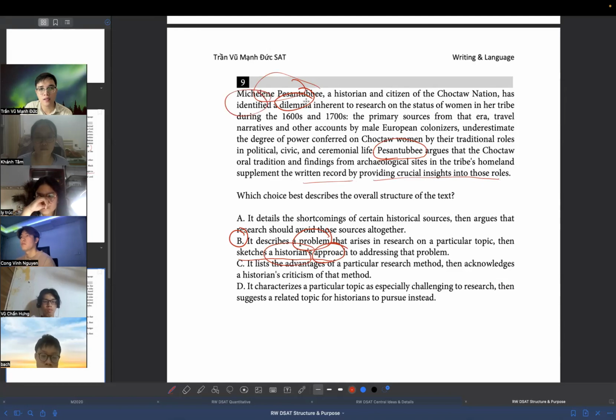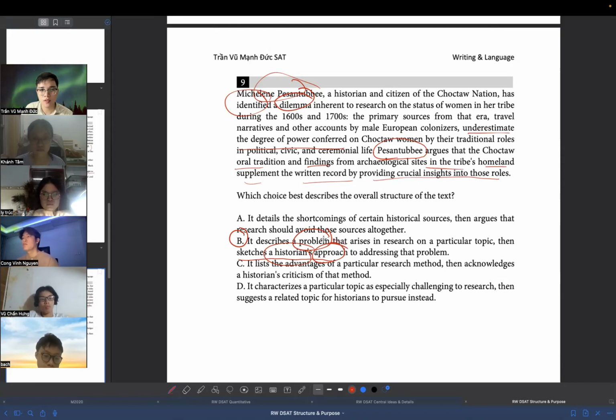Underestimate the degree of power conferred on Choctaw women by their traditional roles in political, civic, and ceremonial life. She argues that Choctaw oral tradition and findings from archaeological sites in the tribe's homeland supplement the written record by providing crucial insights into those roles.